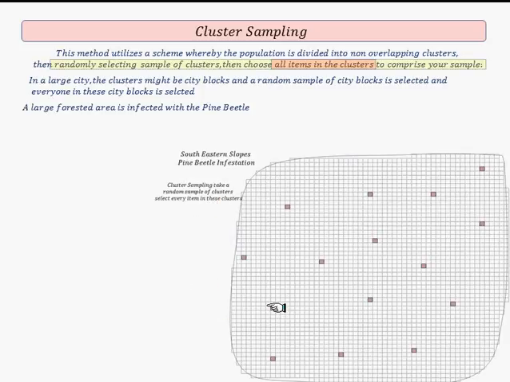On the board here we have, this may be a geographical region, the southern slopes of southern Alberta, for example, and we have this grid, and we take a random sample of items from the grid, and then we come up with a sample of clusters. We go into each of these clusters and count the number of trees infested with the pine beetle, and then average them over, and that gives us an idea of cluster sampling.